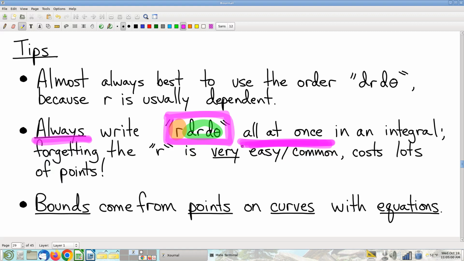And just keep in mind, if you do forget that stretching factor, if you forget the r, it's really wrong, right? It makes it look like the student who doesn't include the r appears not to understand where polar coordinate integrals come from. It's bad, and so you're going to lose points, and I don't want y'all to lose points. So I think this is a really good rule. Always write this down, think of it almost as being a single thing, r dr d theta. You write that down all at once, and you can't forget it.